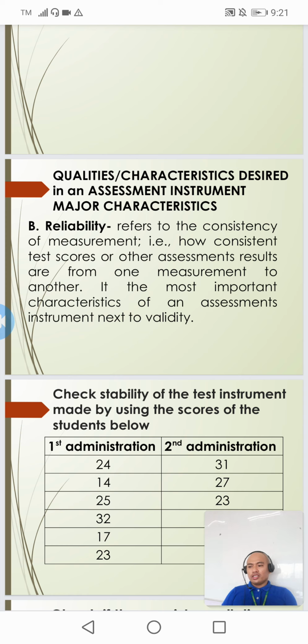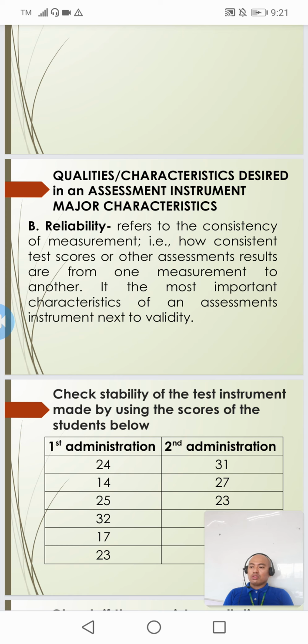The fourth one is internal consistency reliability. It indicates the extent to which items on a test measure the same thing. Does our test instrument have an internal consistency?